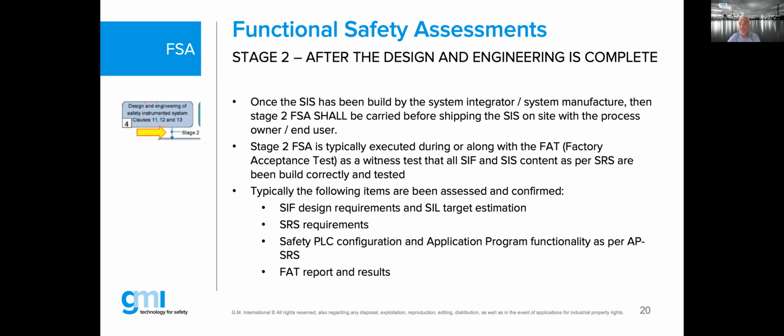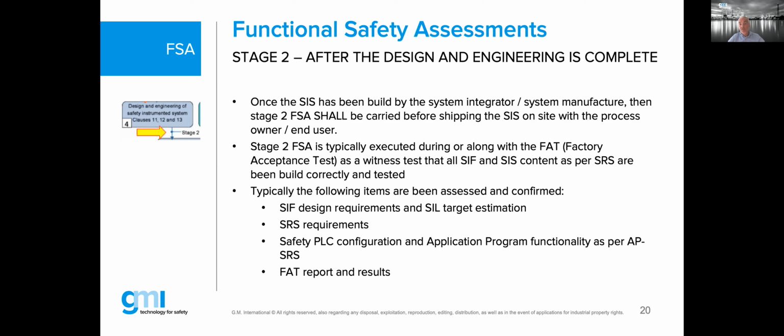And of course, the SRS will be the key document together with the FAT procedure and the expert judgment. We will try to make a judgment that the test being carried out on the system shows that the system has been built as per the SRS. That is what we have to judge. So what do we need? We need the SIF design, which stands for Safety Instrumented Function design, requirements and the SIL target estimation.